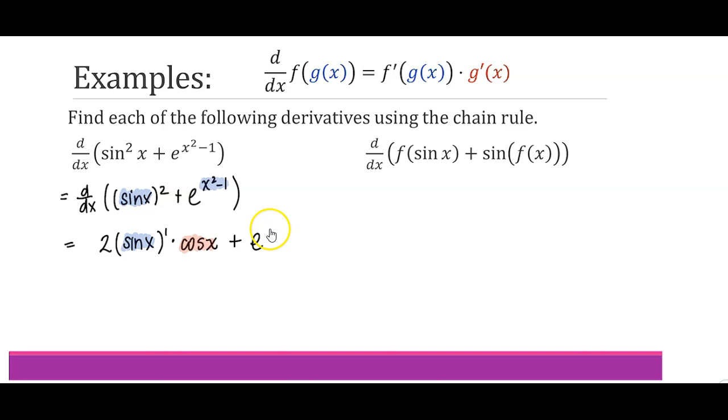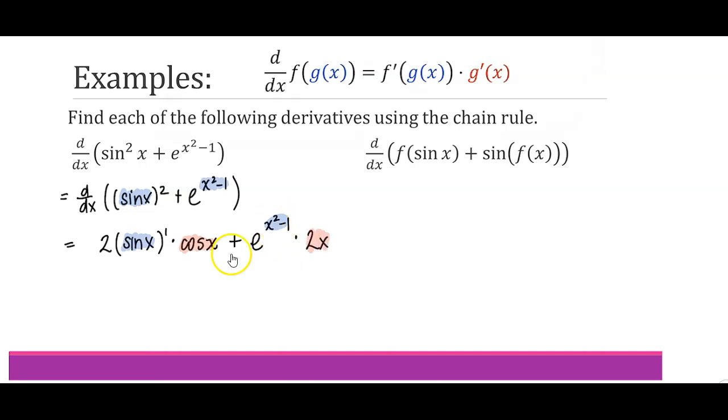But instead of putting x, we leave the inside function, so we leave it as e to the x squared minus 1. Notice, it looks exactly the same. The only difference is that we have to multiply by the derivative of the inside, what's up in the exponent of the exponential. The derivative is 2x.